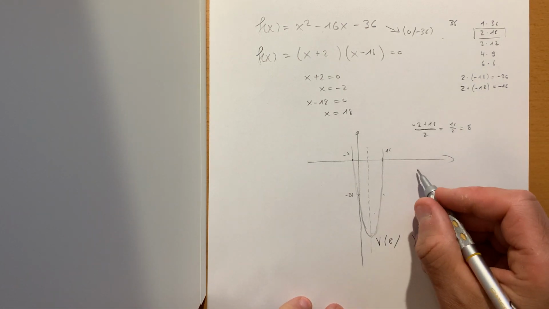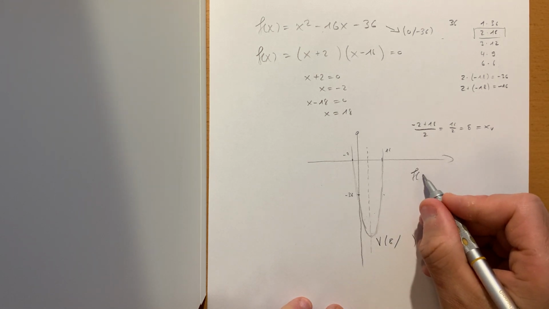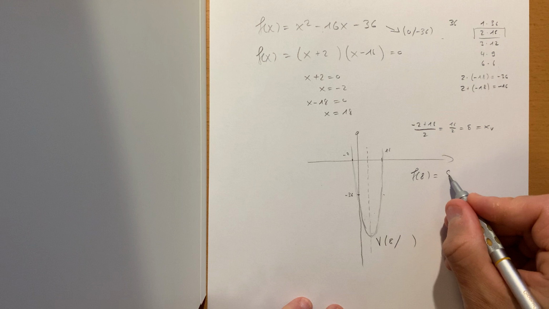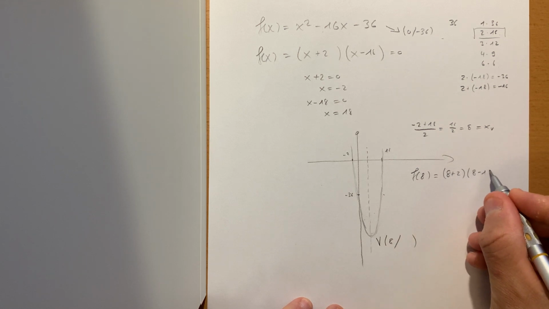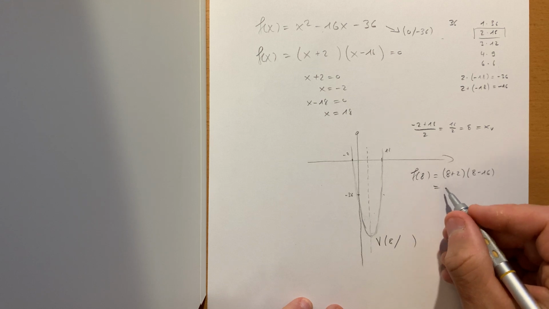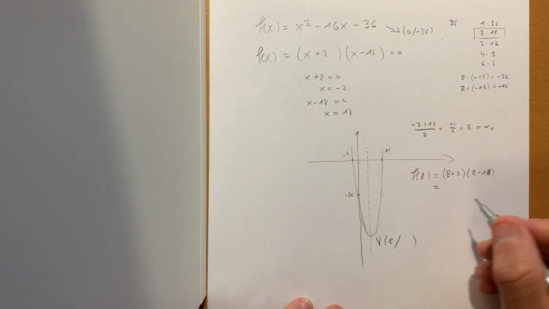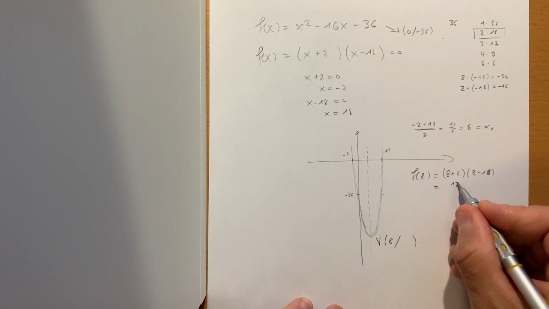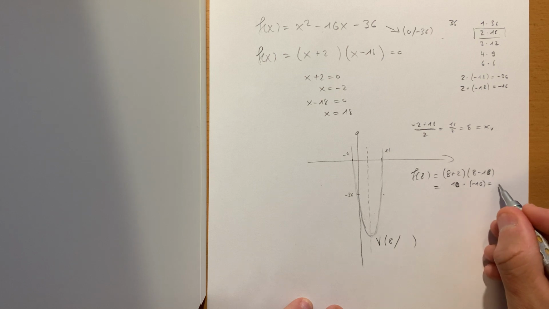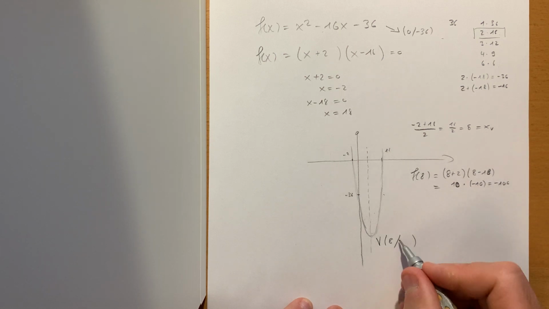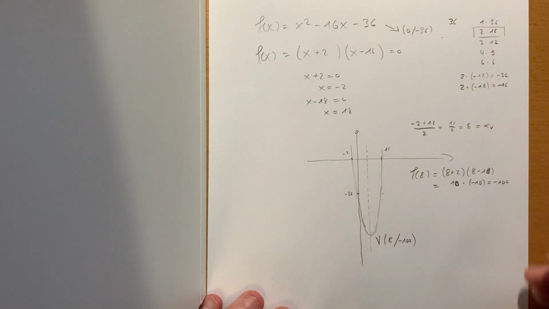That's quite easy to do. f of 8 is 8 plus 2 times 8 minus 18, that's 10 times minus 10. So it's minus 100. Apparently our vertex is down at minus 100.